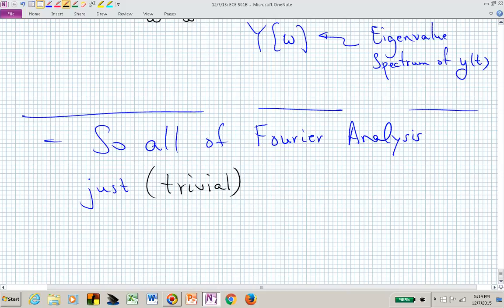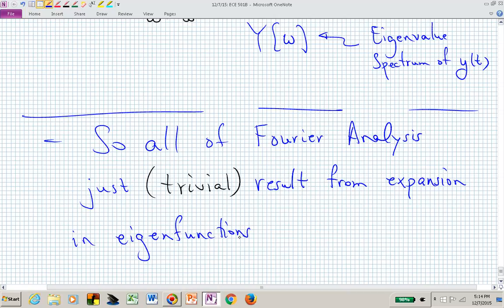So all of Fourier analysis is just a trivial result from expansion in eigenfunctions of this convolution operator or of an LTI operator.